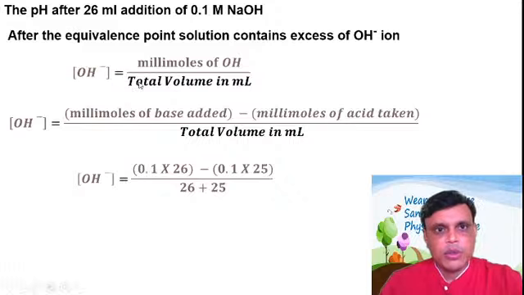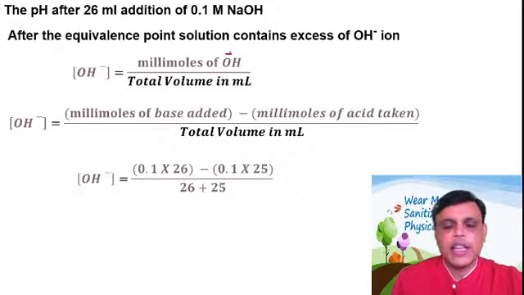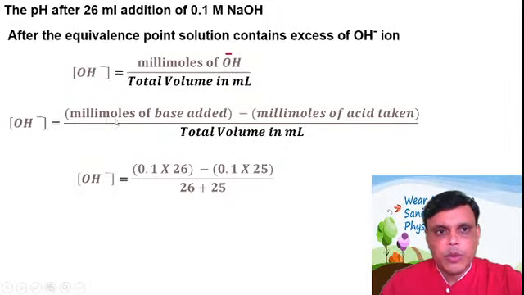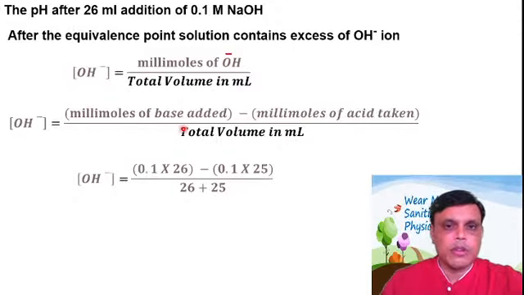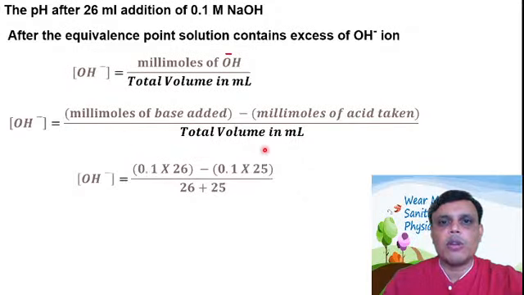OH minus concentration is equal to millimoles of OH minus divided by total volume in ml. Now here, how will you calculate millimoles of OH minus? Millimoles of base added minus millimoles of acid taken, divided by total volume in ml.